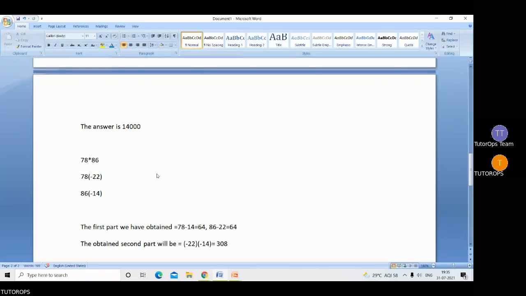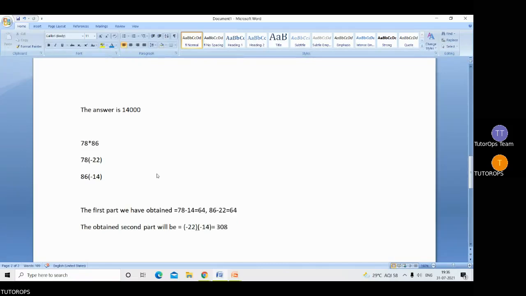So will the 308 be directly put down? No. Then I need to put down the last two digits of 308. And what will be the carry here? Yes, the first digit of 308. So the carry here will be 3. So I will add the carry with the first part to obtain the actual first part.